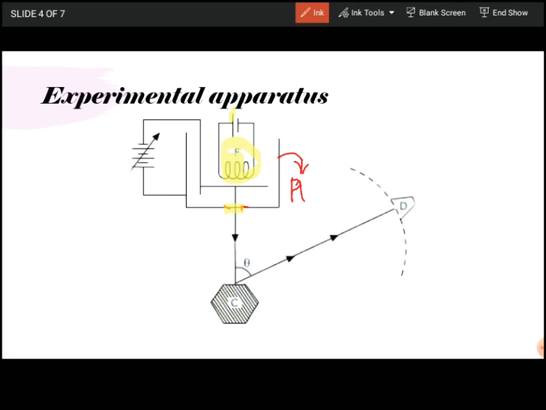The accelerated electron beam emerging through this hole was then incident on the crystal of nickel C.